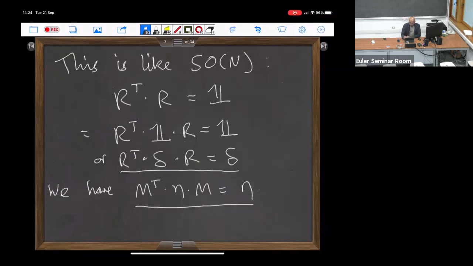Because here we're going from a signature (n,0) delta to a signature (n-1,1) eta. So it's really the signature of eta, which is sometimes also called the bilinear form.